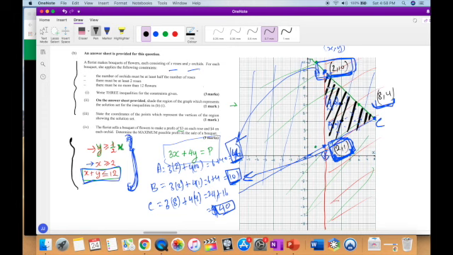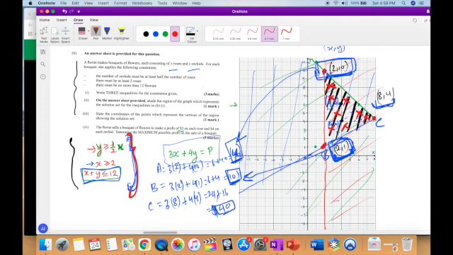So any point inside of this triangle here will be a bouquet that I could make that will be profitable and that will satisfy all of these 3 conditions. Right? So when you set conditions in your own business, you could use linear inequalities for this. And please remember, the vertices of that triangle is not just happenstance.